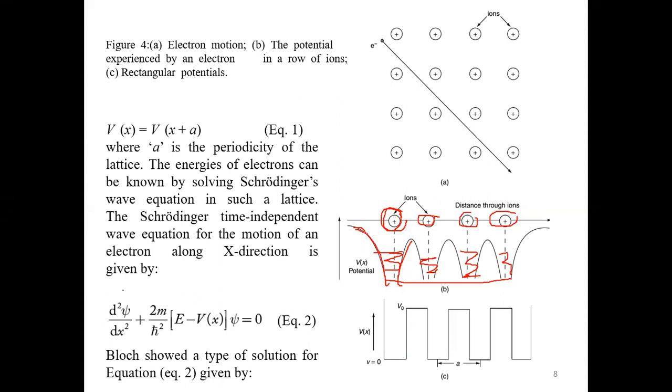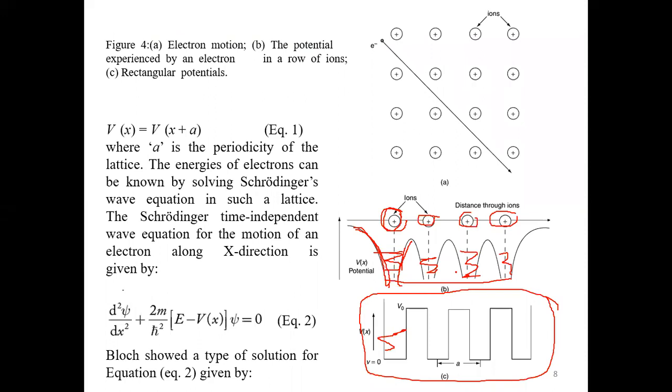Instead of this curved nature, they said electrons are free in this region, and then there is a barrier, and then electrons are free over here. If we treat the electric potential like that, the mathematical analysis becomes easier.